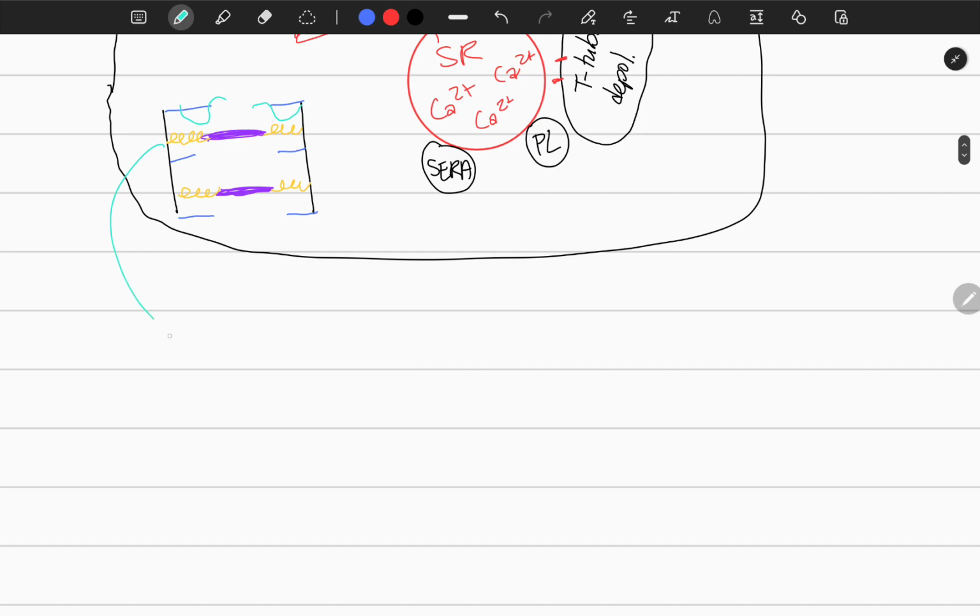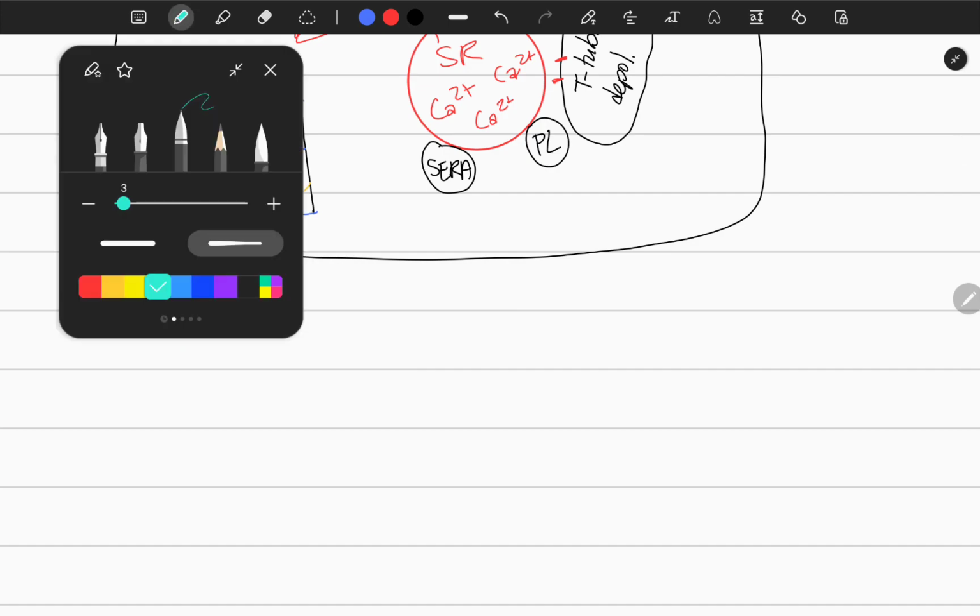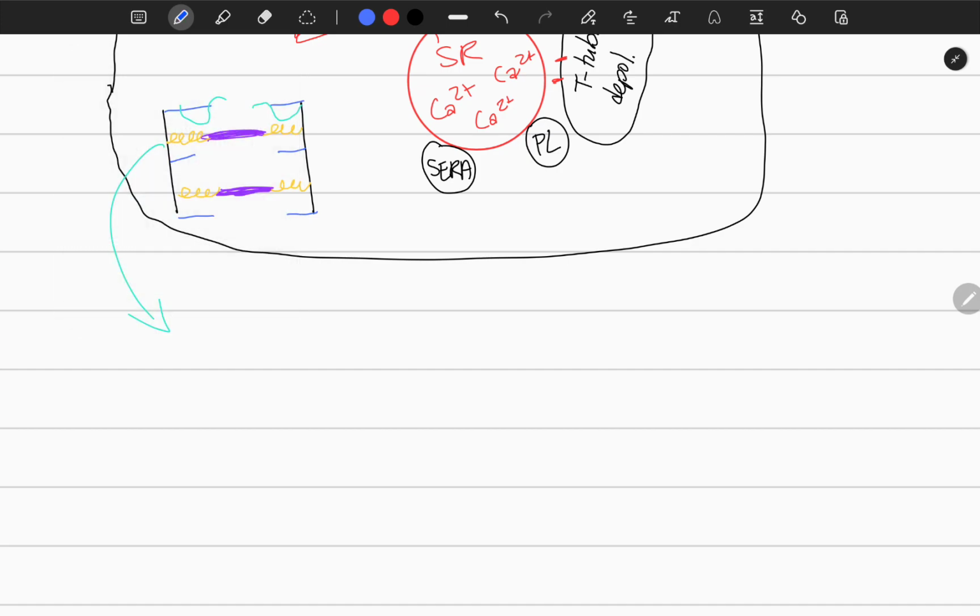So let me give you more of an in-depth look. We have the actin band, with tropomyosin covering actin, specifically the active binding site. And then we have 3 layers of troponin.